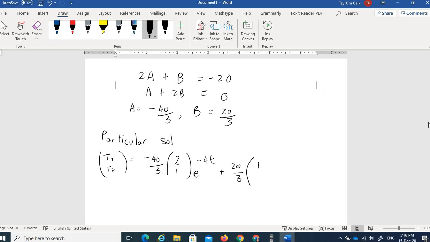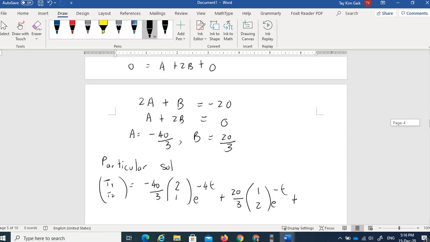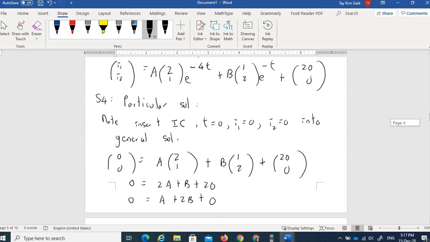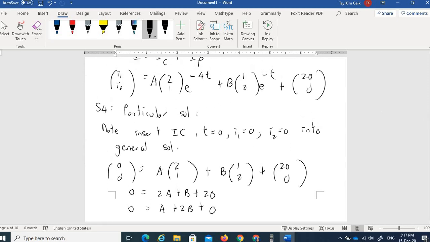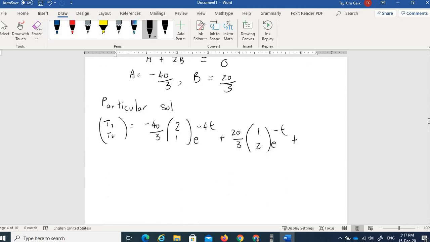So your V2 is (1, 2), exponent negative t, plus the constant vector. Just now what is the value? It is (20, 0). Or you may expand.